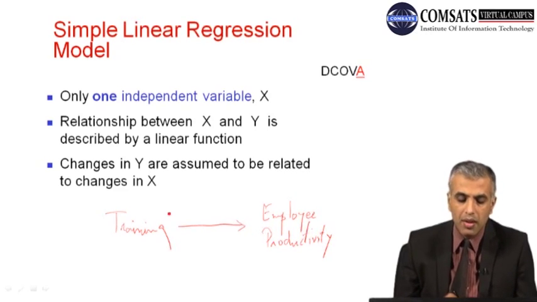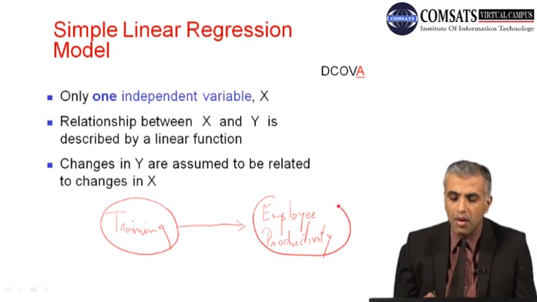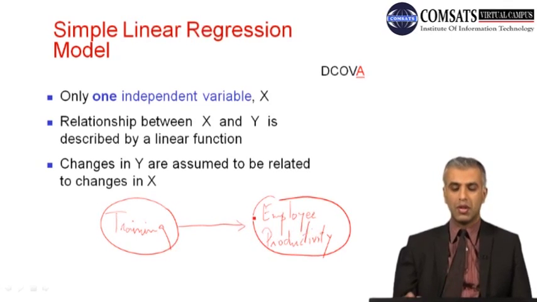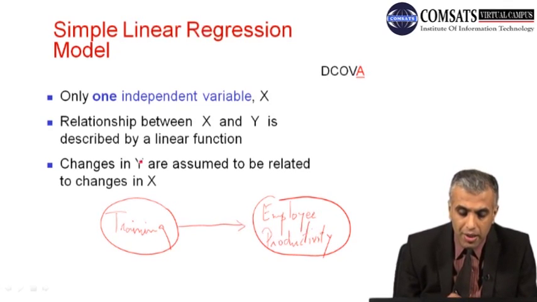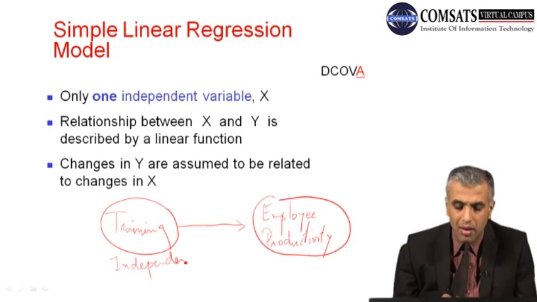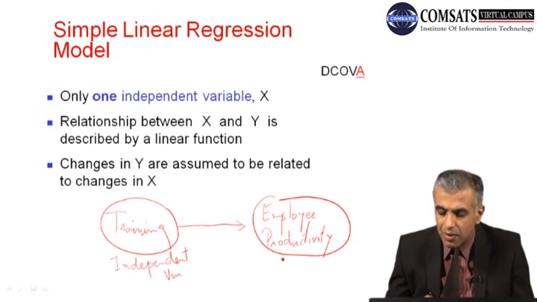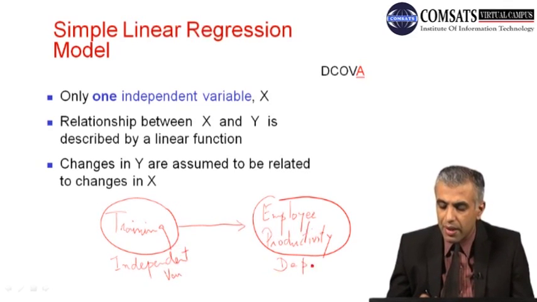So here there are two variables which are of vital importance in HR. We want to study the impact of one variable which is independent, which is called training. So this is our independent variable, and the other, employee productivity, is the dependent variable.